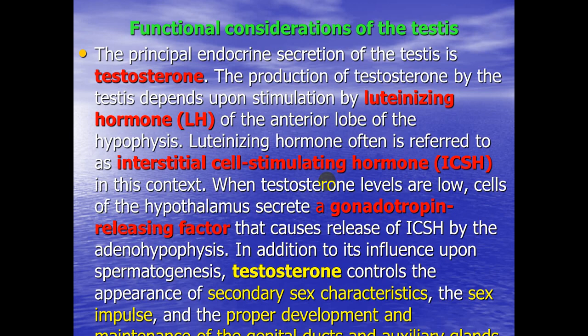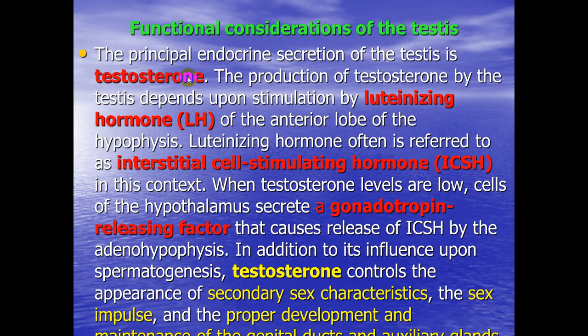So under the influence of the gonadotropin releasing factor starts the production of gonadotroph hormones by the gonadotropic cells of the adenohypophysis, pars distalis.